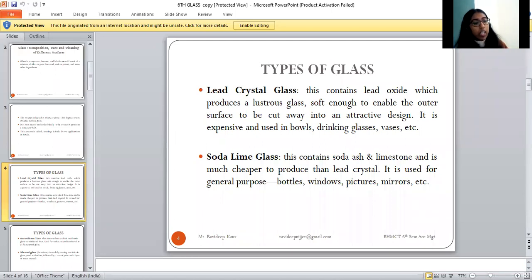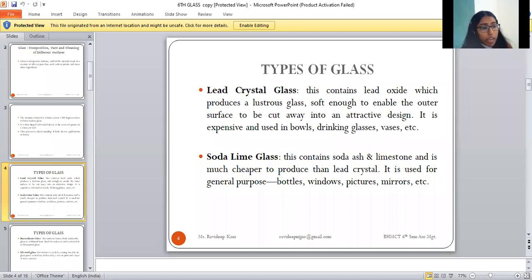This lead crystal glass is expensive, and it is used in making bowls, drinking glasses, and vases. These are the things we get from lead crystal glass.